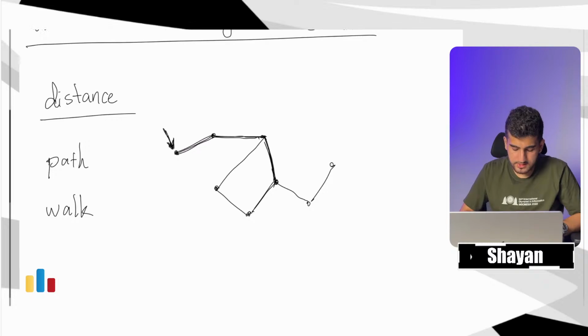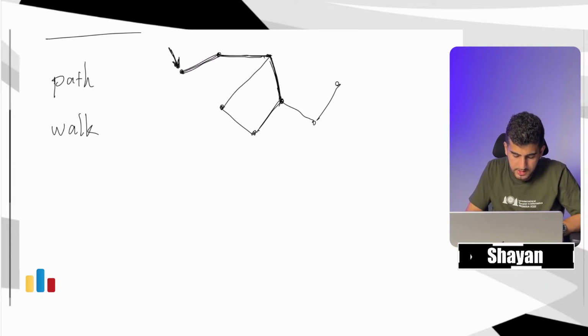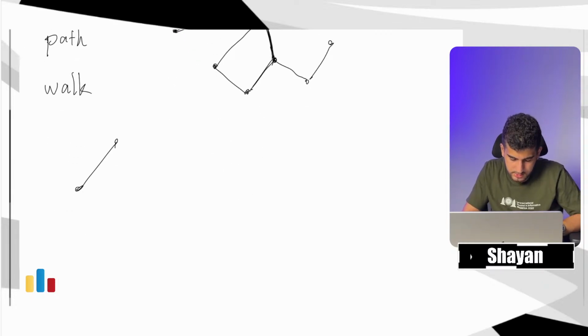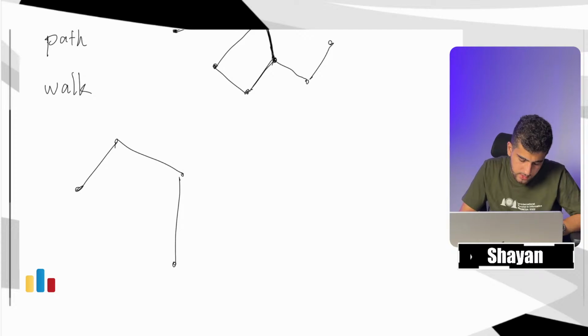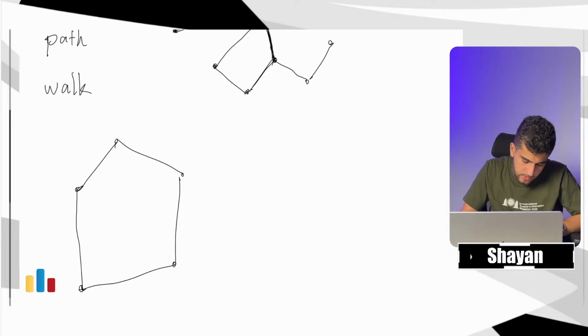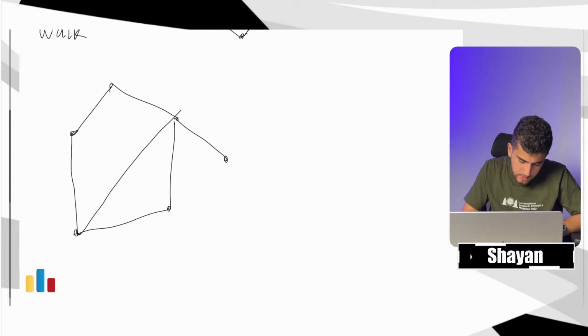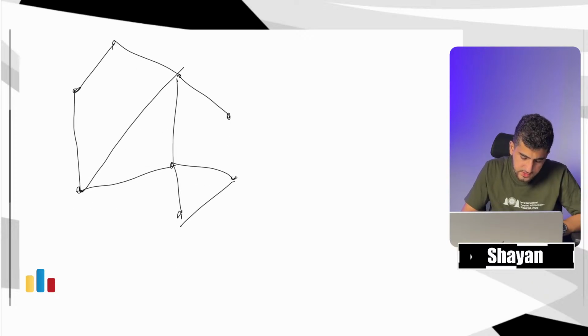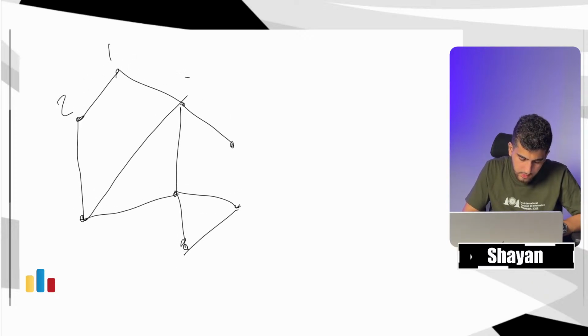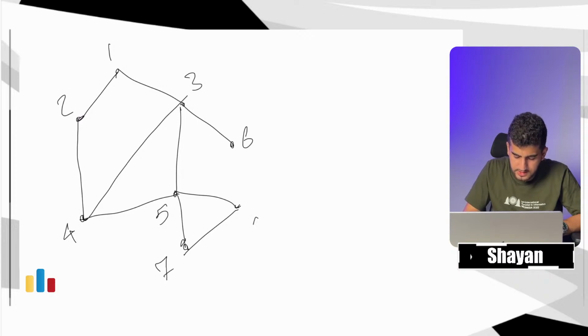So a walk can be like this. Let me also show you an example of a walk. If this is our graph, with vertices 1, 2, 3, 4, 5, 6, 7, and 8.